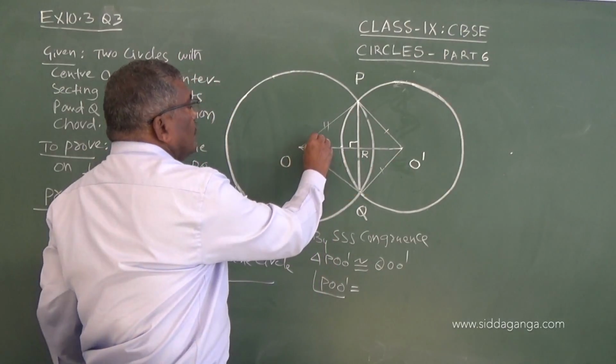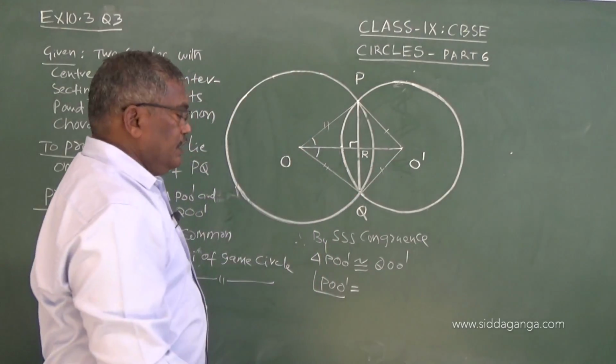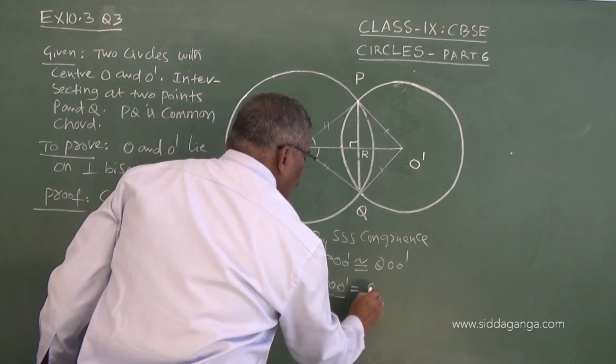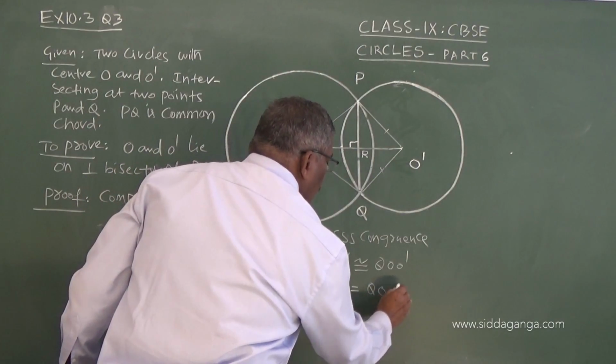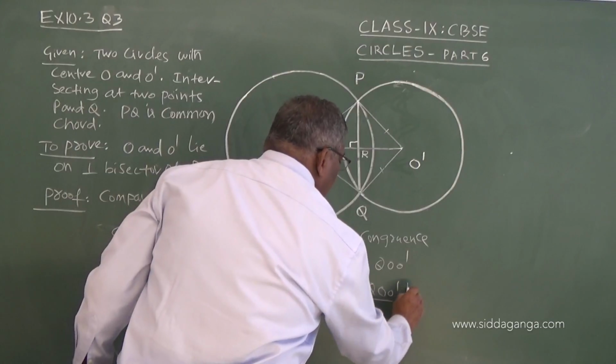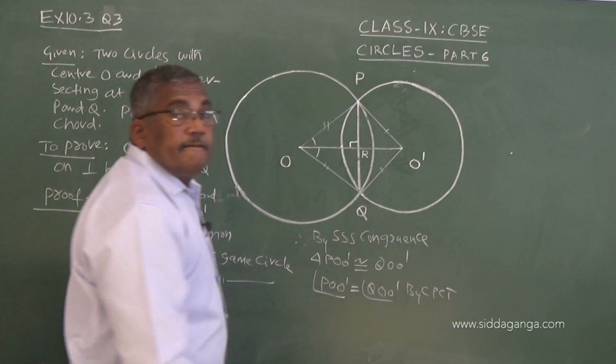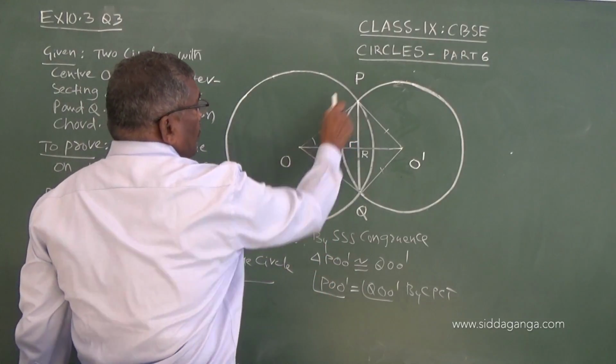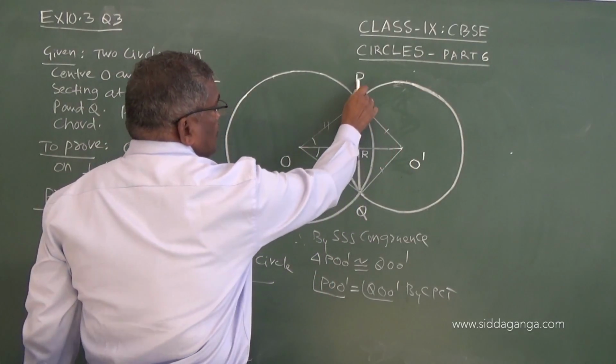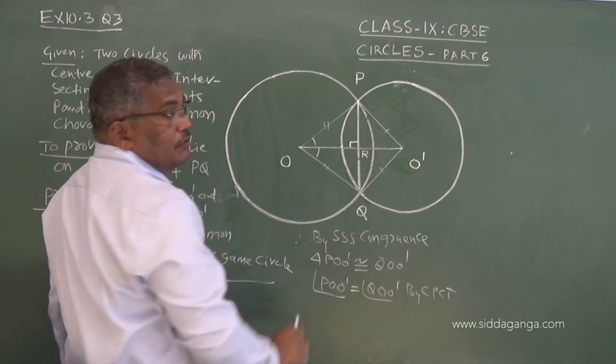These two angles are equal by CPCT. Now PO dash is the same as POR, you can observe.